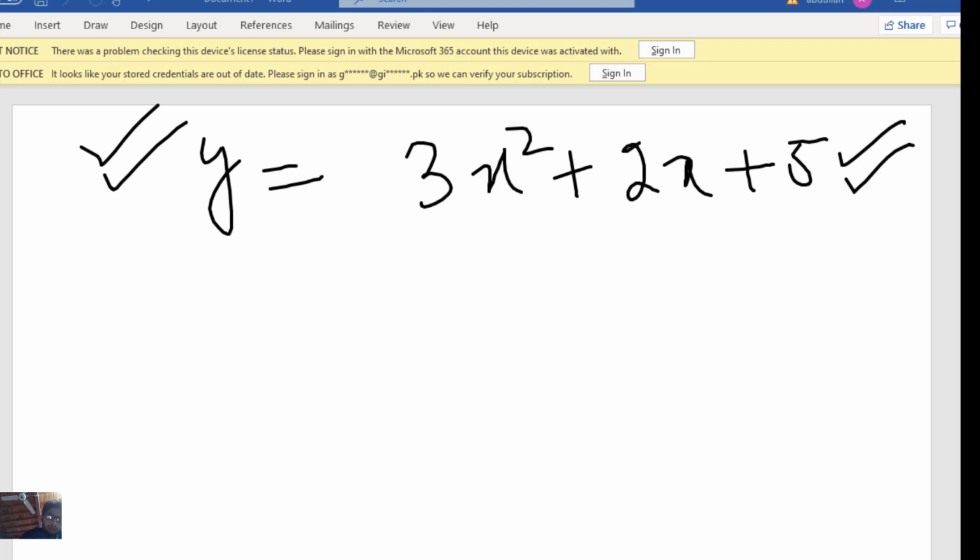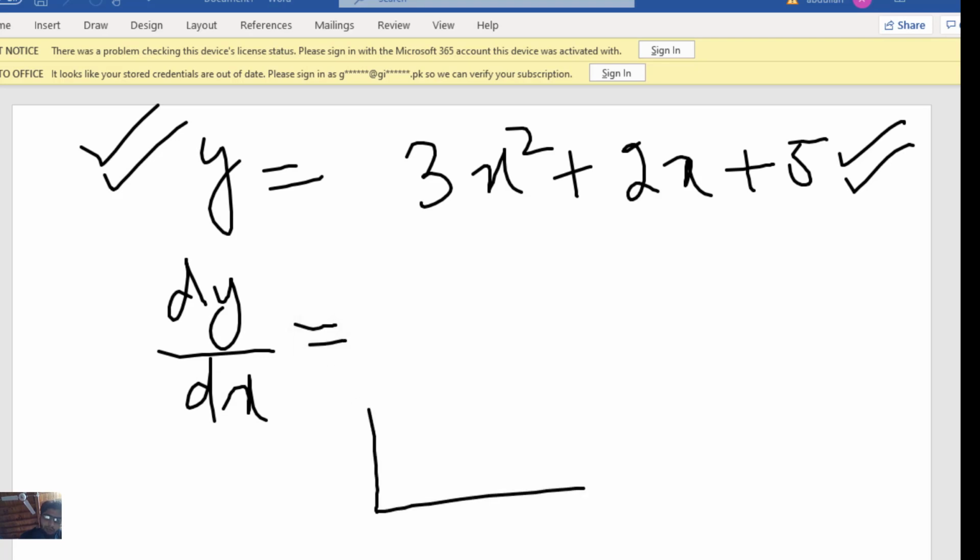Now we have to find the derivative dy by dx of this. Suppose we have to find the derivative at time t equal to 3 minutes. Suppose this is y and this is the curve.